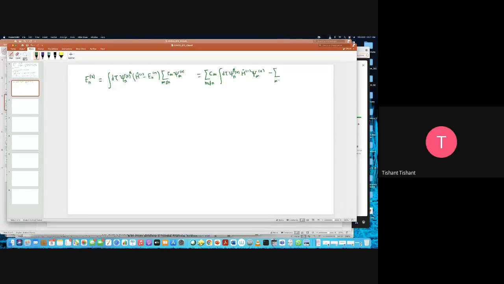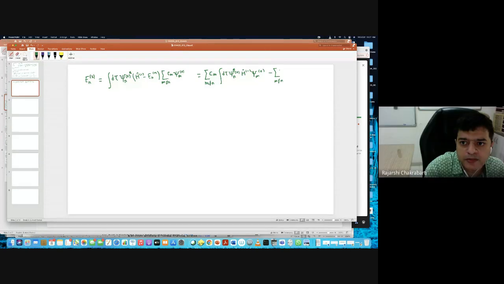En. Let me do it first. Cm, and then you had this En, and then the integral. But you can put this, or if you want, En1, you put it here, and do the integral.